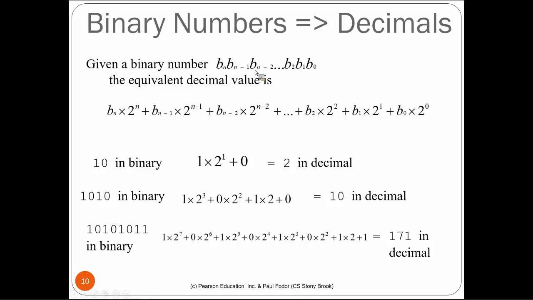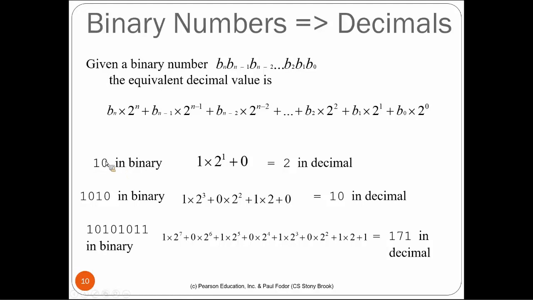The equivalent decimal value for that binary number is the binary digit at position n multiplied with 2 to the power n, plus the binary digit at position n minus 1 multiplied with 2 to the power n minus 1, plus the next binary digit multiplied with 2 to the power n minus 2, and so on up to b0 multiplied with 2 to the power 0.